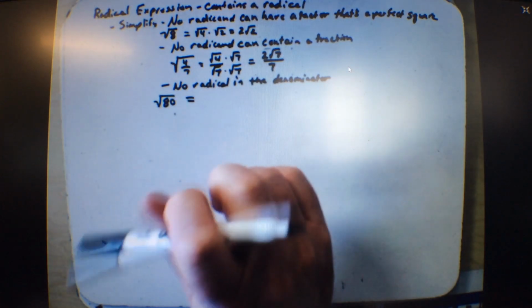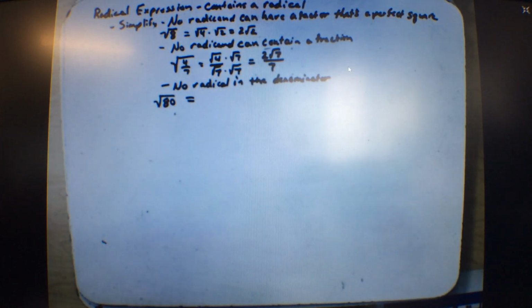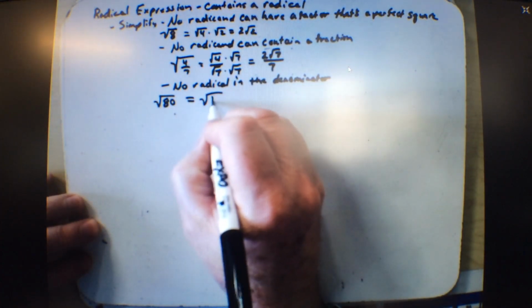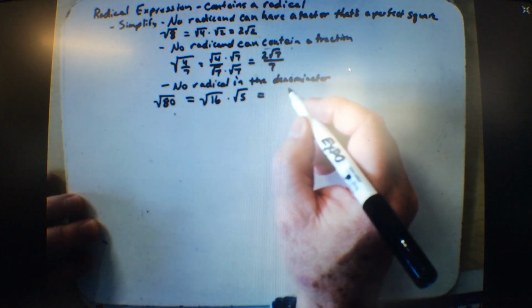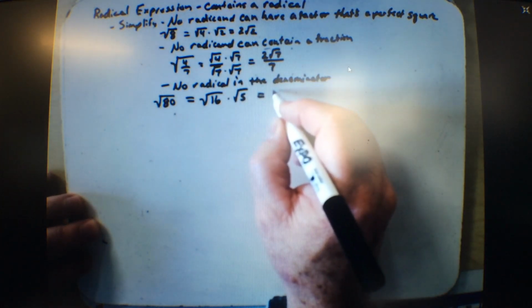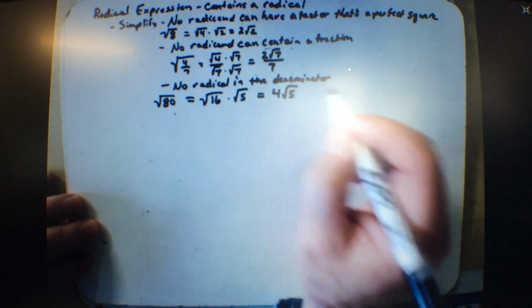I think so. Is there one bigger? I think 16 is the biggest, isn't it? So it'd be the square root of 16 times the square root of 5. What's the square root of 16? 4. So my answer would be 4 square root of 5.